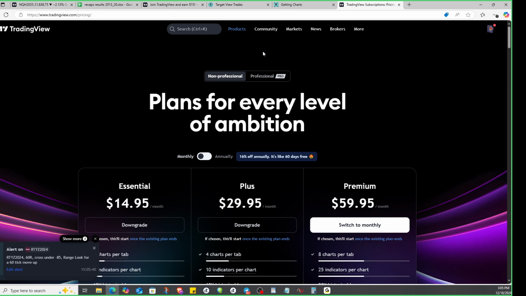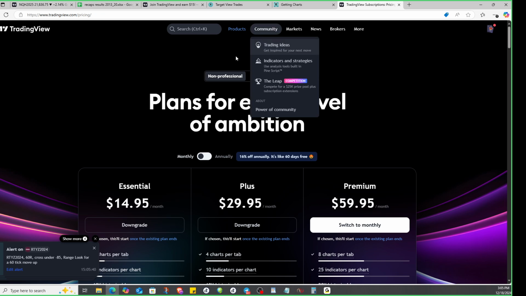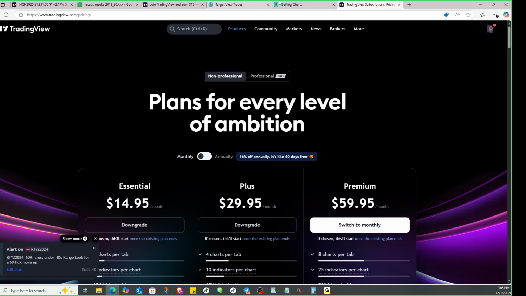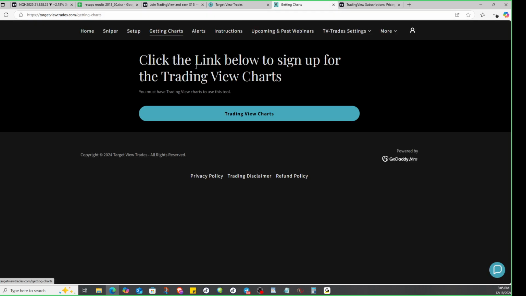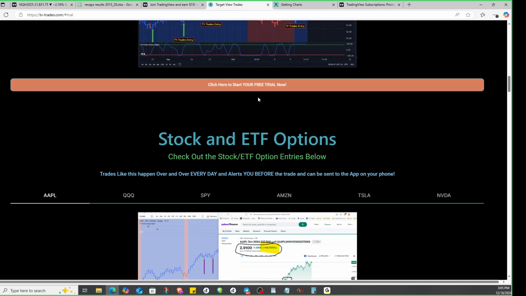That's how you get the charts. Again, you just go here to Target View Trades and click on Getting Charts. If you don't have TradingView charts, you need to get them to use the charting package. Now, you don't need to have the charting package, right? It says it right here at the top.